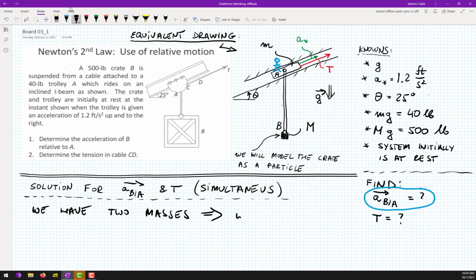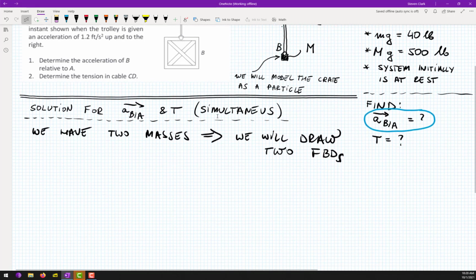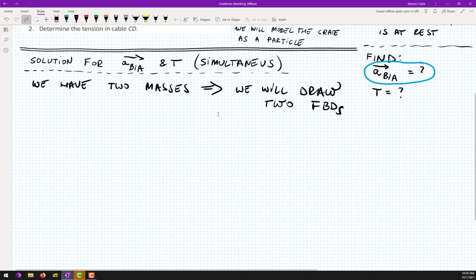But first things first, let's focus now on the crate. So we will have the FBD for the crate.